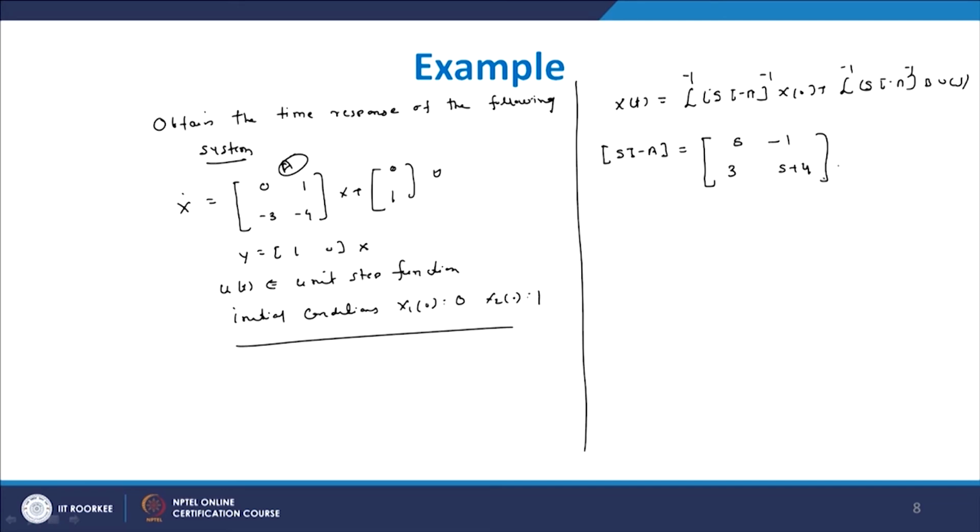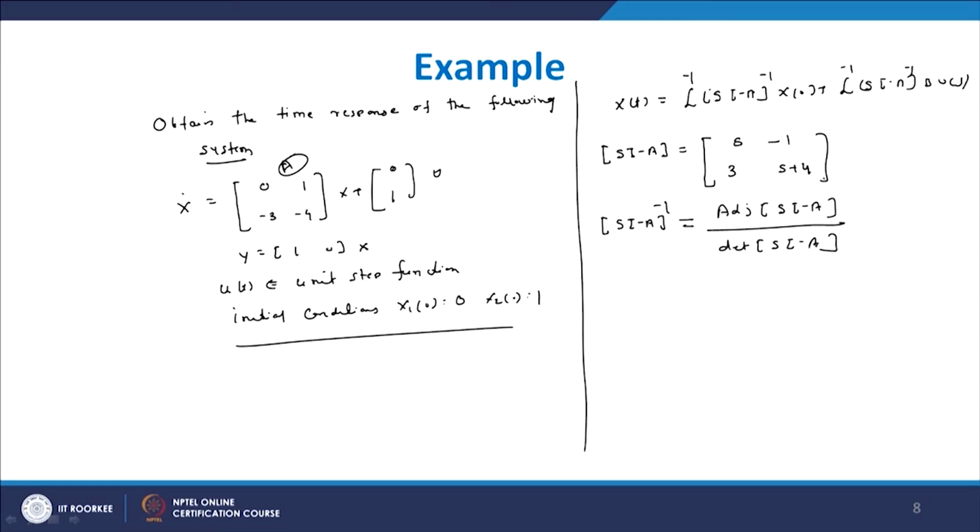Now, to get the (sI minus A) inverse, we can write it as the adjoint of (sI minus A) divided by the determinant of (sI minus A).